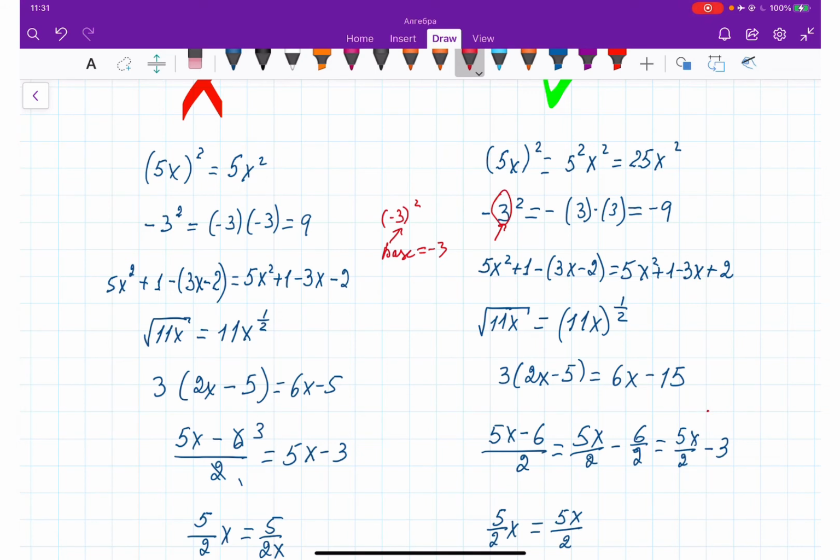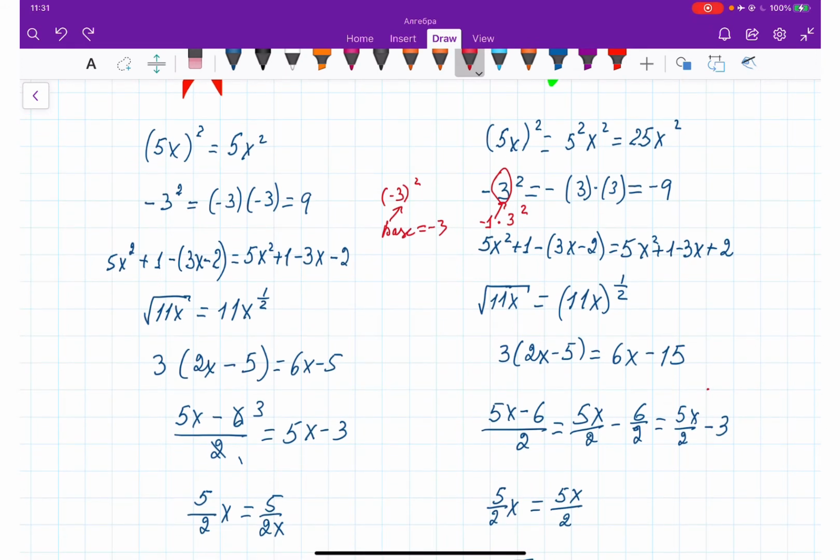So negative 3 squared you can interpret as negative 1 times 3 squared, because the negative is not included in parentheses. Therefore, the negative stays outside, 3 times 3 is 9, and the negative moves to the other end. Instead, some students get confused, and when they see negative 3 without parentheses, they still use the base negative 3 mistakenly, and they get positive 9.